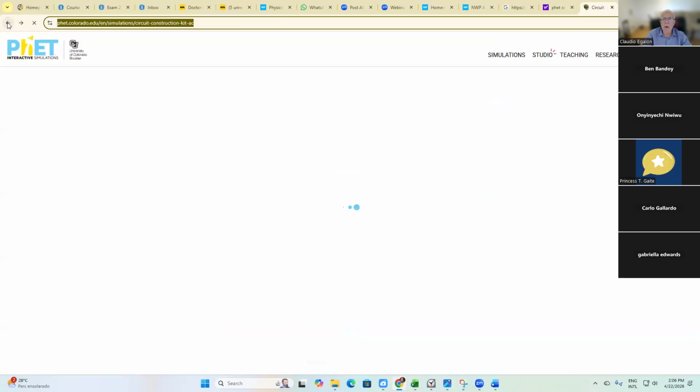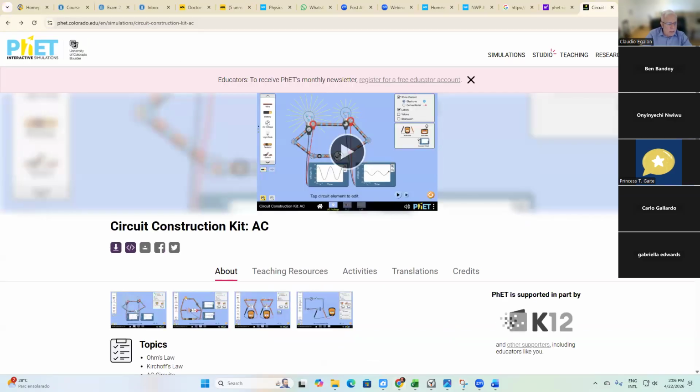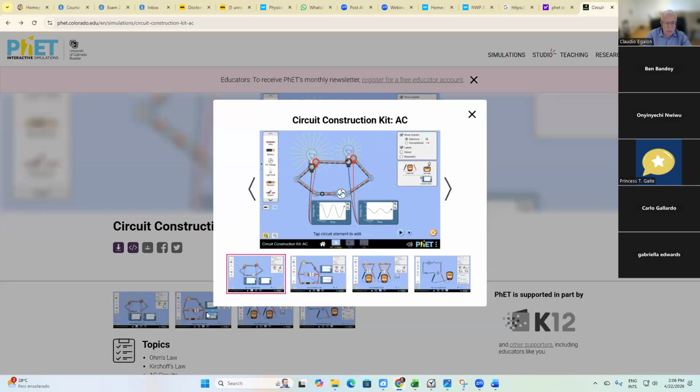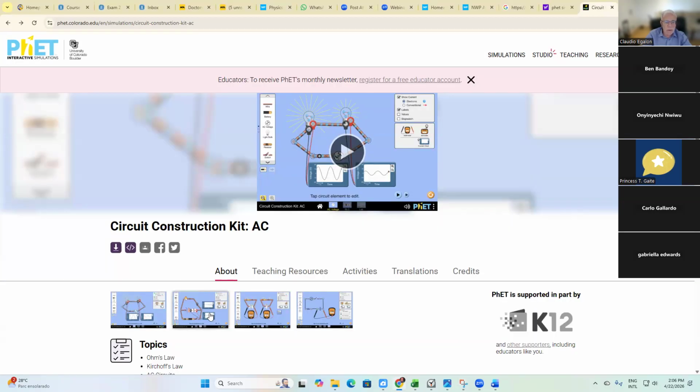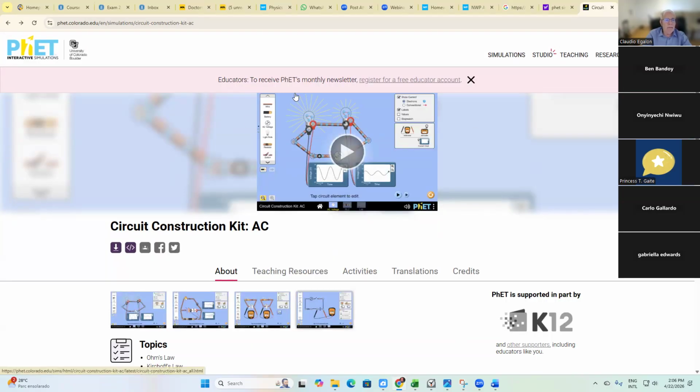Let's go here. That is the DC circuit as well. Let's see this one here. This is not DC, this is AC. This one here is AC as well. This is AC as well. Okay, let's go back. PhET, right? And the simulations.